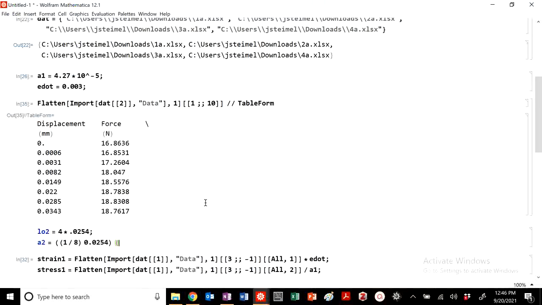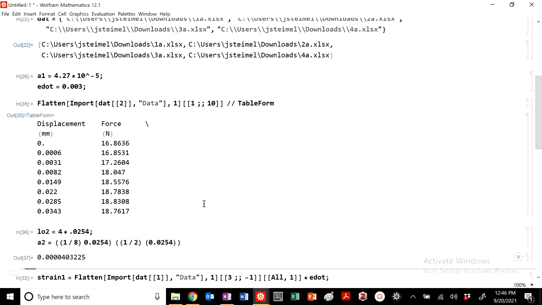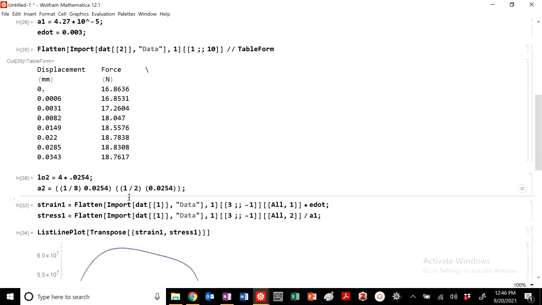Width of 1/2 an inch. Yeah, 1/2 an inch. So 1/2 times 0.0254. And what do you know? It's very similar to our other values. Anyways, so that's my A naught, my L naught 2, and I see that I have displacement.